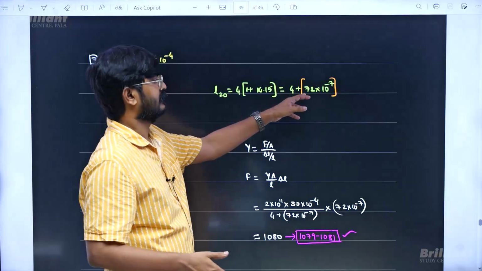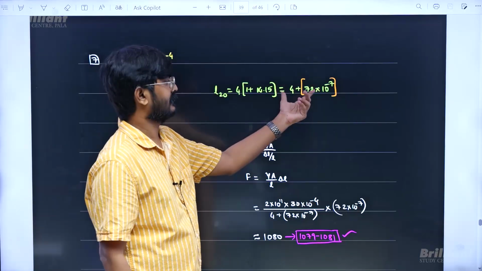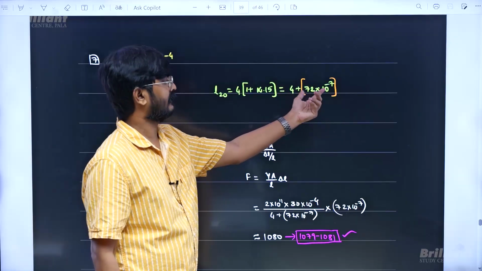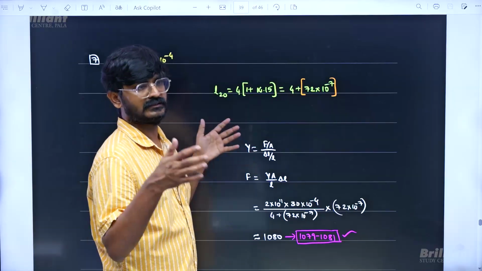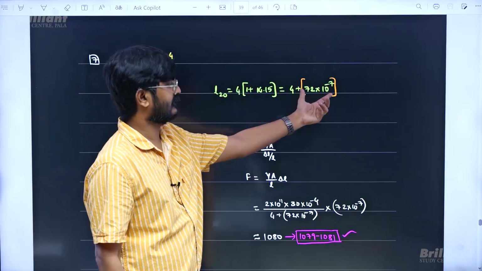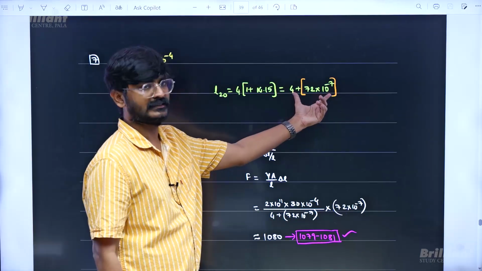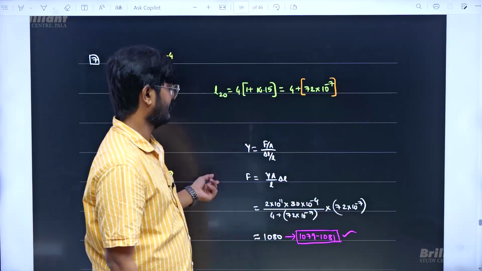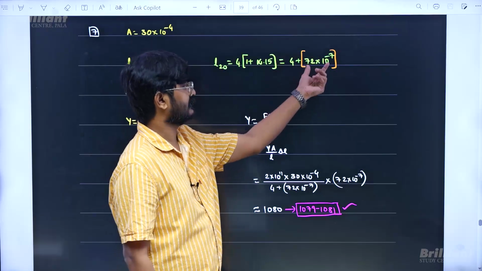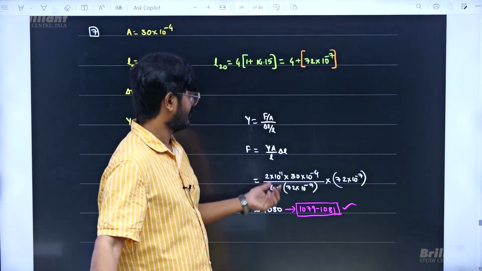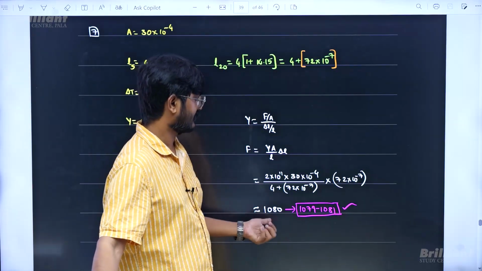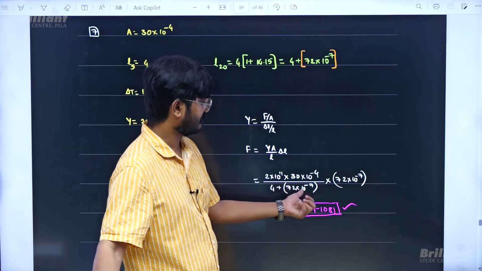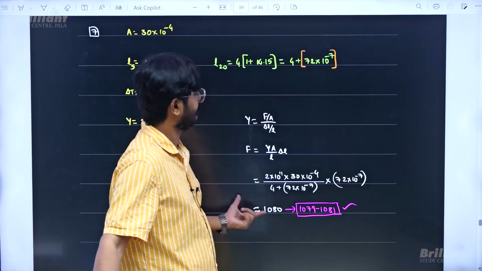If you allow it to expand naturally, it would have expanded by this much, but its length is 4 only. So basically what is the change in length? Naturally it would be the longer length, but its new length is only 4, so the change in length is this much. Once you know the change in length and the original length, you can calculate the value. Anyway, compared to 4, this is very small, so we will generally be neglecting it.